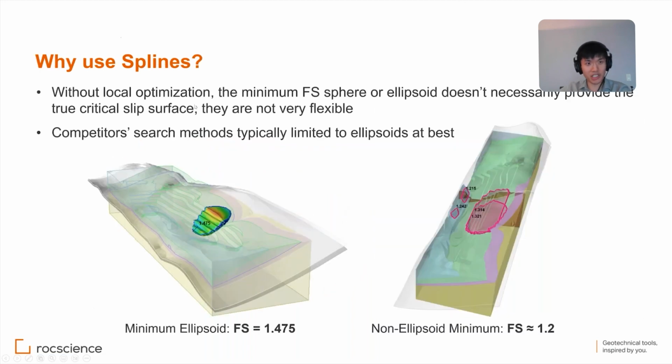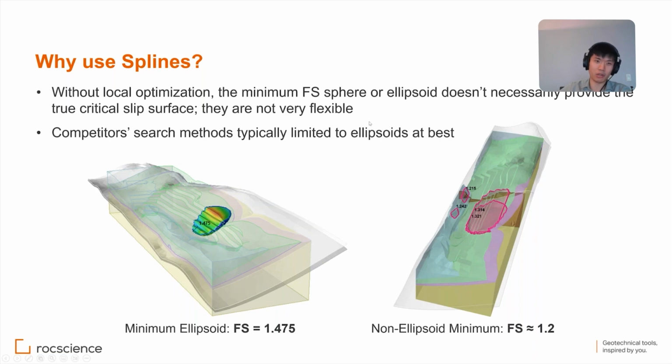So I guess the question is, why should we use this new spline method? The answer is, without local optimization, the minimum sphere or ellipsoid that you'll find using a particle swarm search is most likely not going to represent the true critical slip surface.